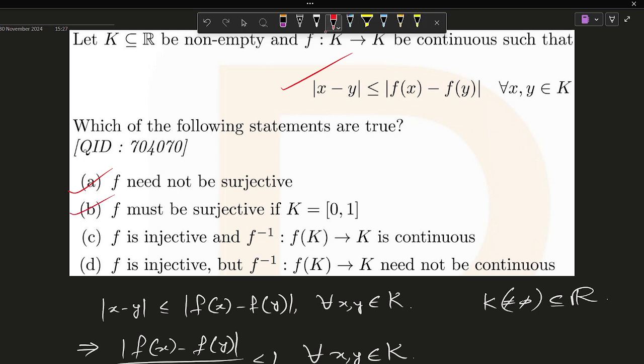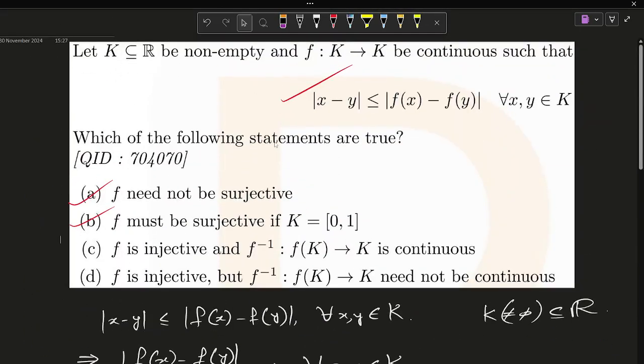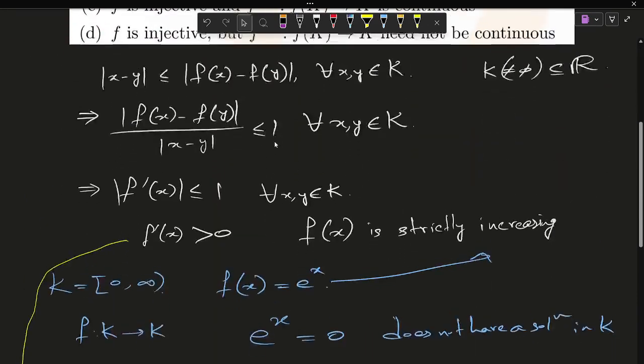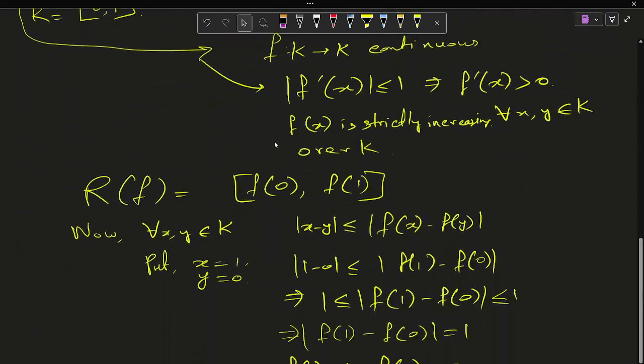So now we have to think about option C or D. Either C is true then D is false, or D is true then C is false. Okay, let us check whether f is injective, and whether f inverse is continuous.